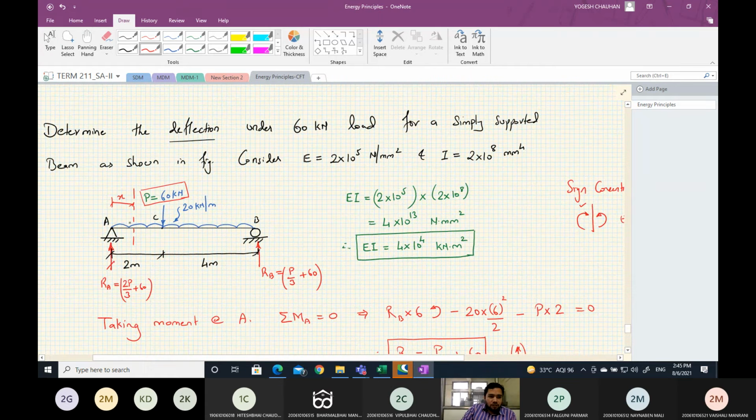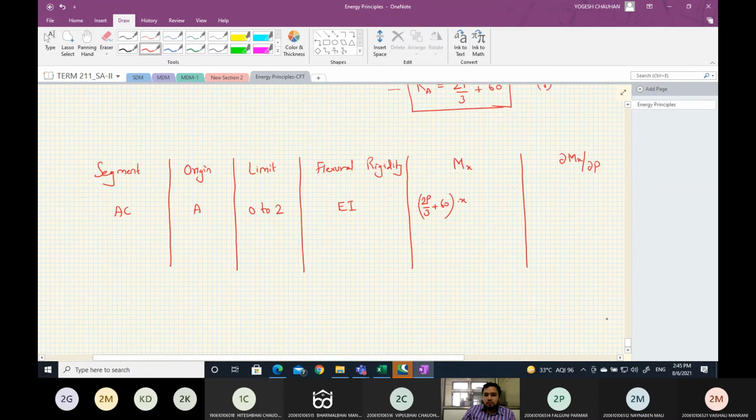Okay, 2P by 3 plus 60 into x. Then the UDL on this segment, that will cause anti-clockwise moment. But as per our sign convention, clockwise is positive, so it will be negative. So minus 20 into x square by 2. Okay, and del M by del P of this will be 2 by 3 into x.